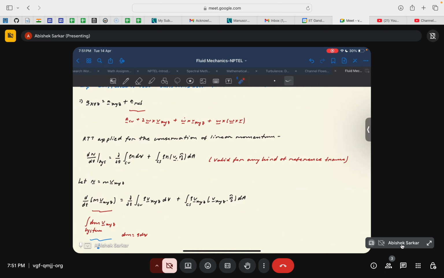So if your problem is of just a linearly accelerating reference frame, then all these other terms will get cancelled out, and only the acceleration of the control volume will exist as a correction term. But if the control volume is rotating, then we have to check these other angular velocity terms as well. So we took both examples.